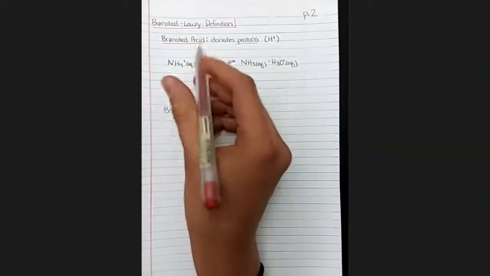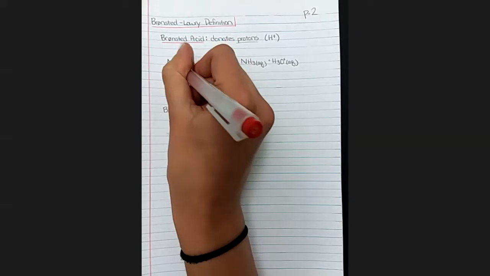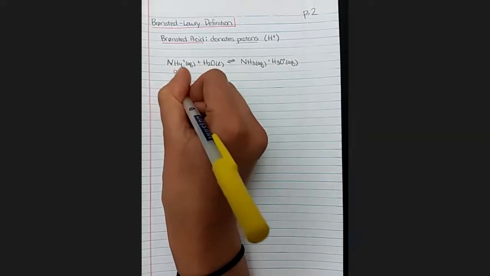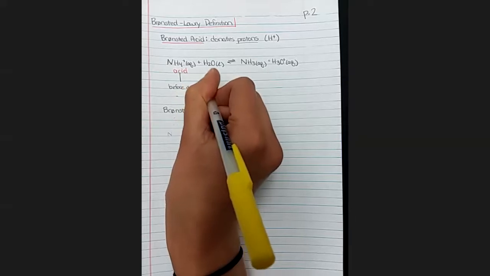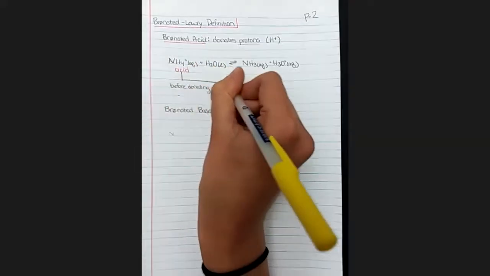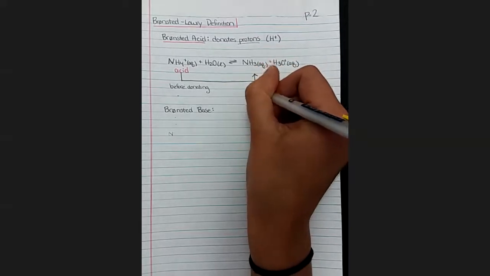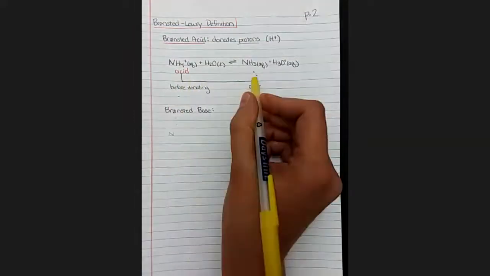Okay, so the Bronsted acid is the one that donates the proton. So this is the acid. Here it is before it donates the proton. And after it donates the proton, it becomes NH3.